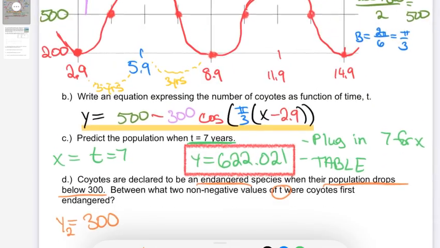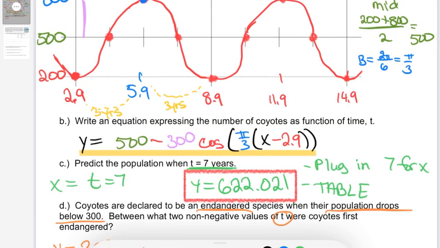Now, we can see on our graph about where 300 is going to be. It's going to be a little above that 200. So we're looking at this line, and we're looking at where the population was first endangered. And it's going to be here in this area.